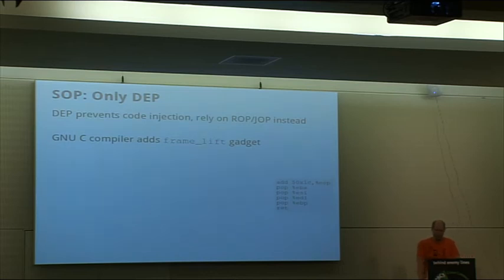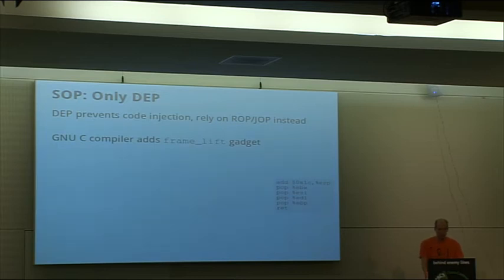This frame lift gadget can be used to add 0x1C bytes to the stack and gives us control over the EBX, ESI, EDI, and EBP registers. So using this little gadget that we have available at a static location in every single application, we can control four registers and we can adjust the ESP.